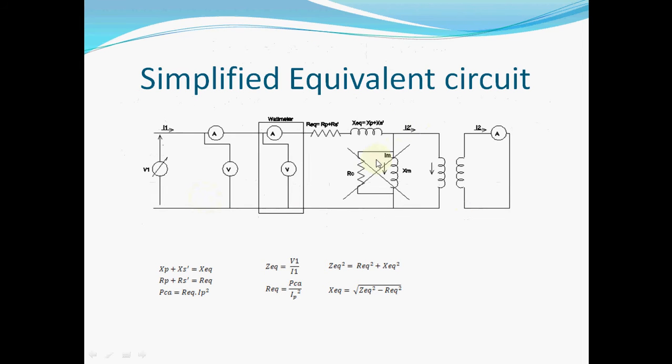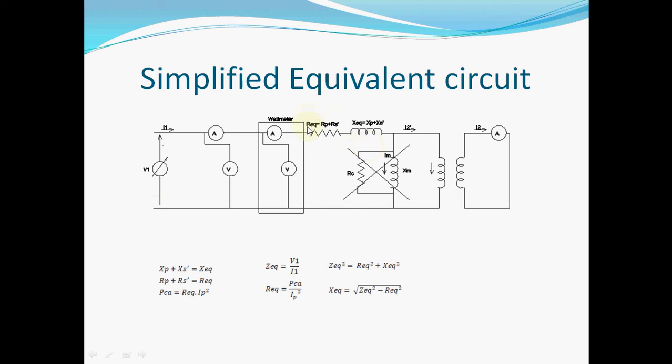As we can see here, we can eliminate this branch of circuit because the voltage is too low compared to the rated voltage of the transformer.